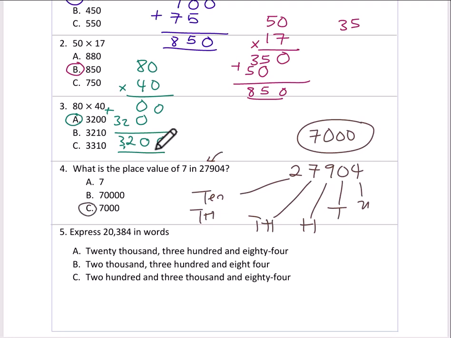Express 20,384 in words. So same thing, I want to write it out. So have 2, 0 and then 384, 20,000. So first thing first, identify their place value. So this is unit, this one is tens, this one is 100 or hundred.